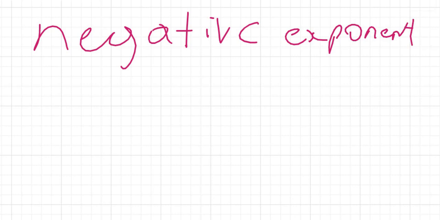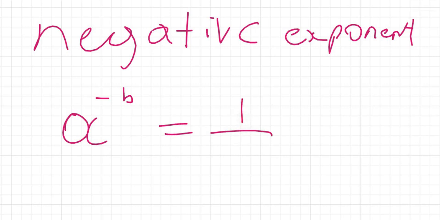So if I have a base number and it is being raised by a negative exponent, this becomes a fraction. We just take the exponent, put it as an exponent on the base number, and create a fraction.